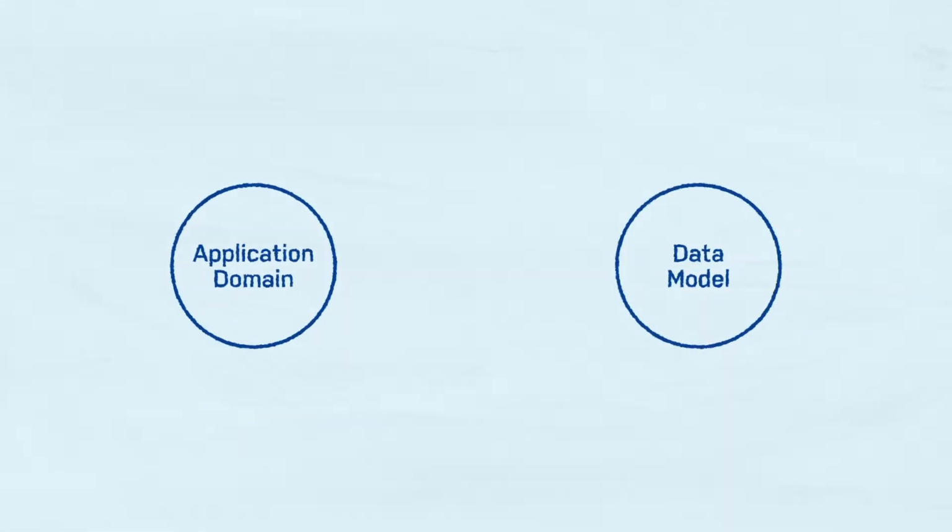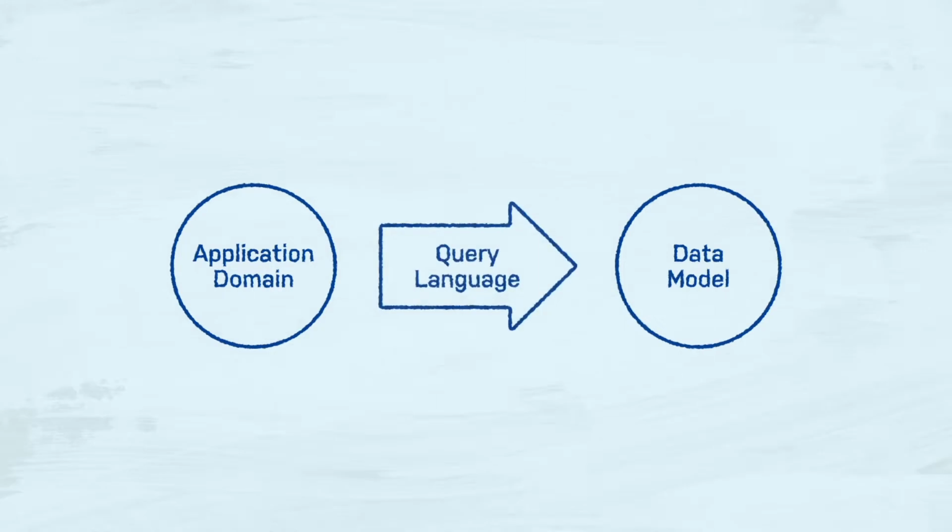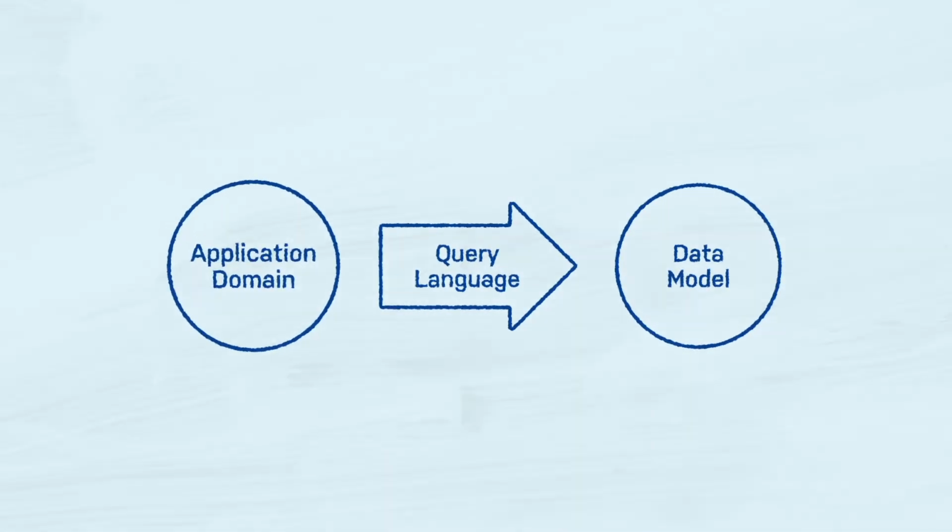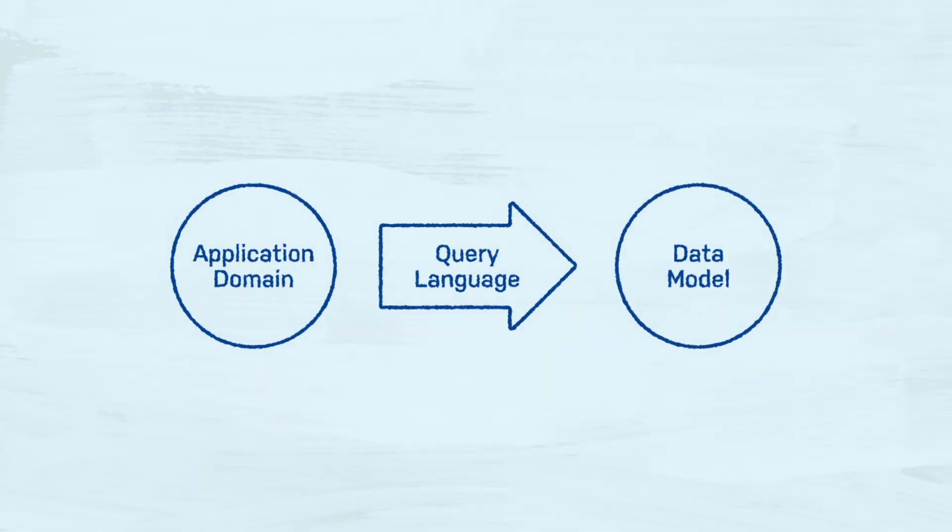In general, you will need to translate your application domain into the data model of the database using the query language of the DBMS, which becomes more complicated as the difference between the way the application and the database treat data grows. If you have experience developing an object-oriented application with a relational database, you know the problems that appear when you try to use SQL to store and retrieve objects in a natural way.